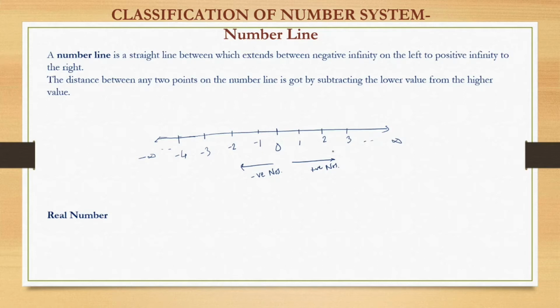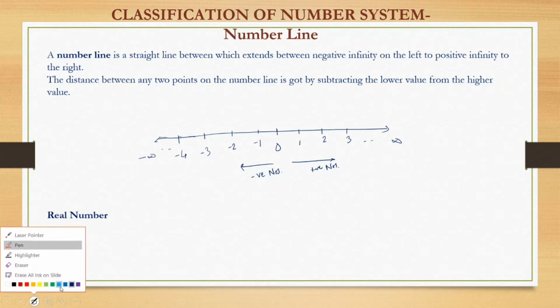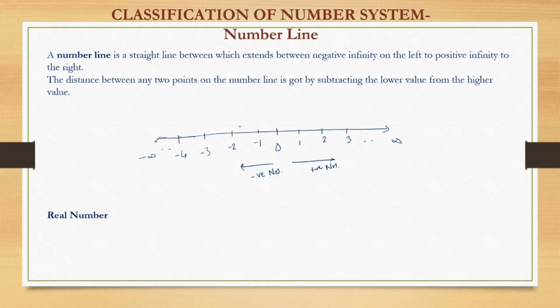Now one property of this number system is that the difference between each individual block, 0 and 1, would be the same as 1 and 2, the same as 2 and 3.